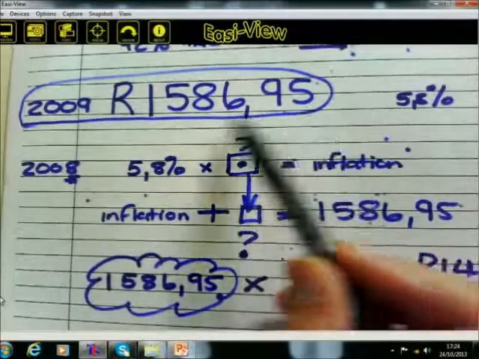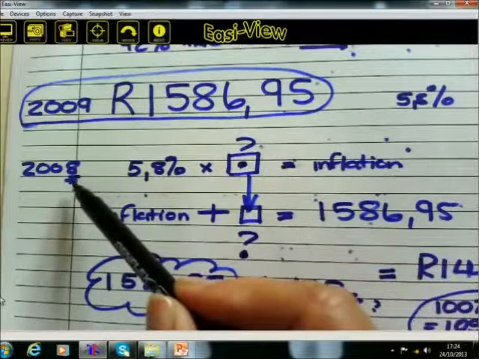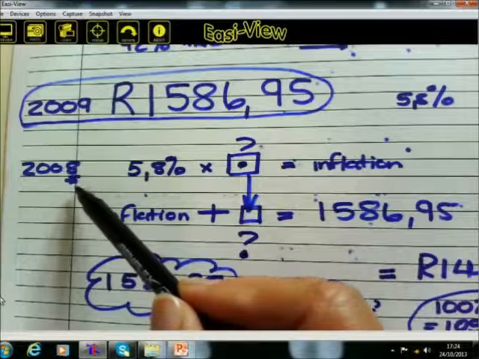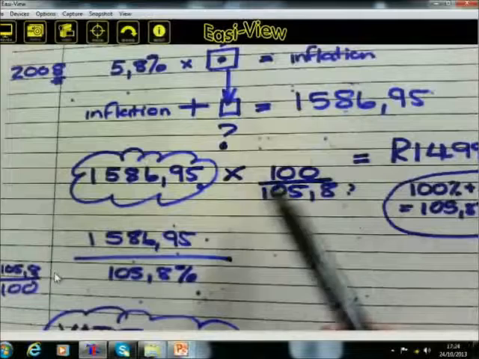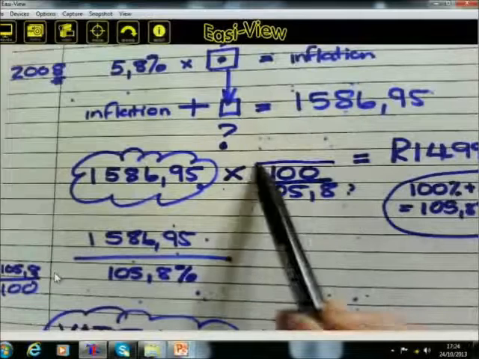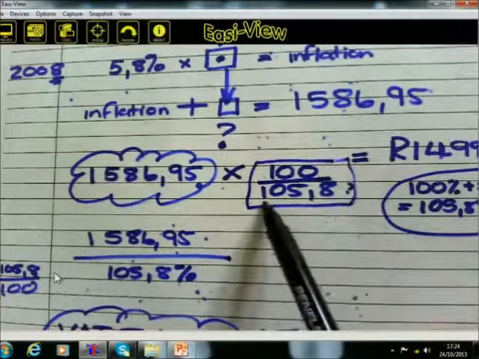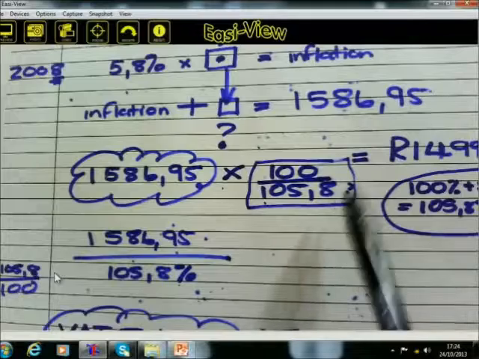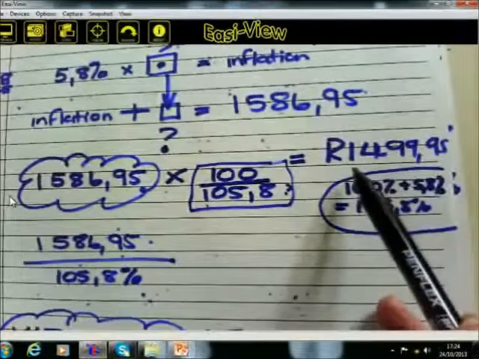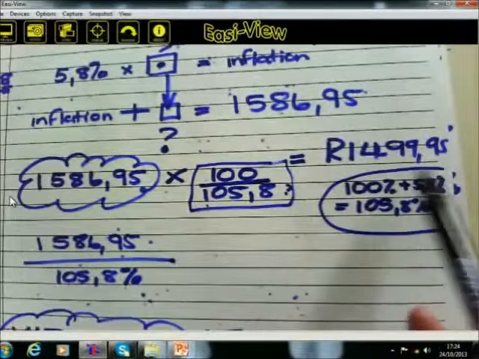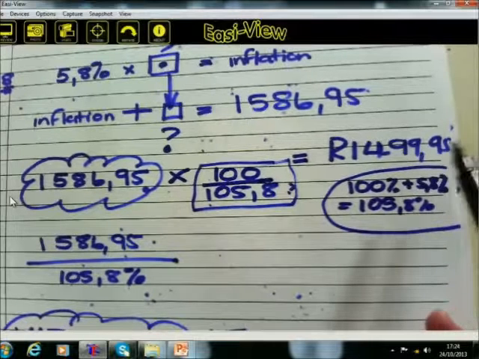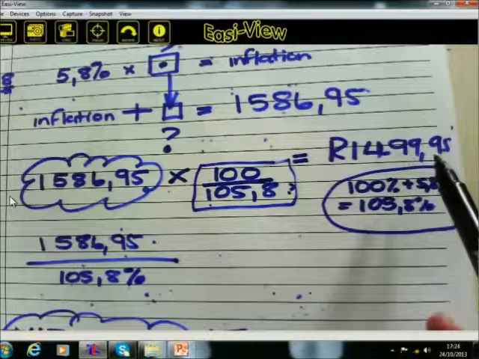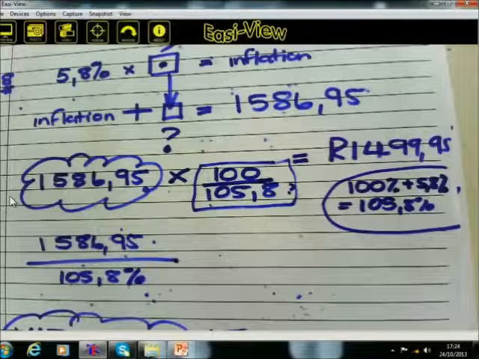But the question asked in the previous year. So remember, we have to get rid of that inflation. And that's why we multiply with 100 over 105.8. And that gives us what it was worth the previous year. Right. And the similar principle is applied when we speak of VAT and VAT inclusive.